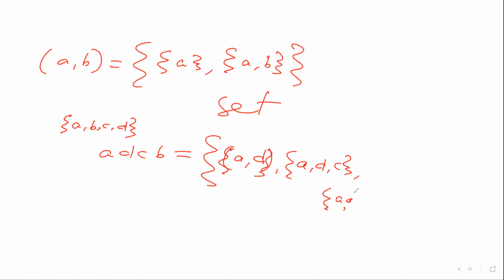I'm not sure. You cut out A, so you get A. You cut out D, you get D. You cut out C, and then you get this. Yeah, it works. And so there is the order.